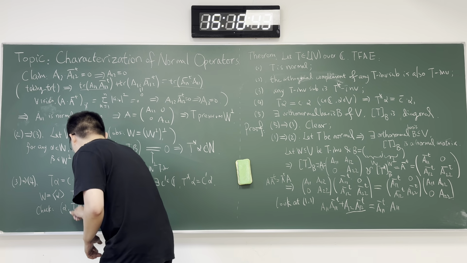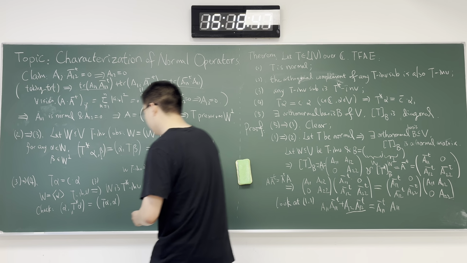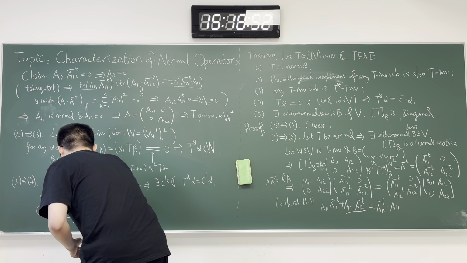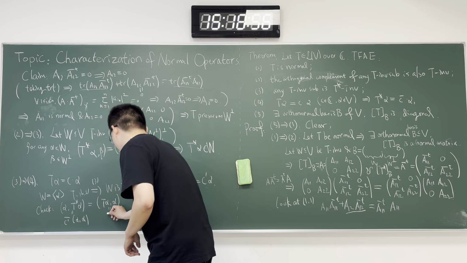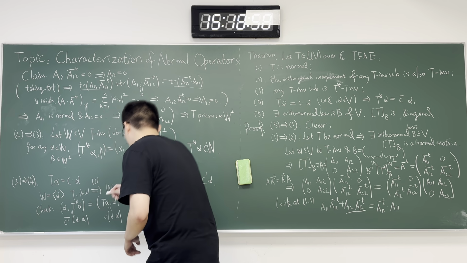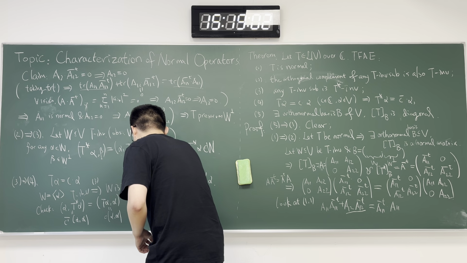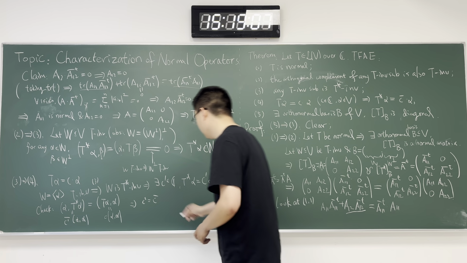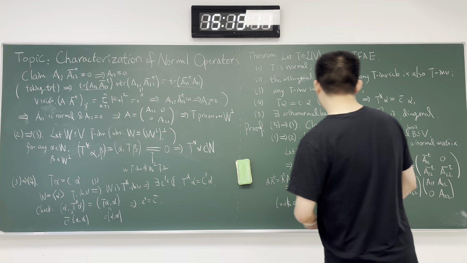And the left hand side equals C prime conjugate times the inner product of alpha with alpha, and the right hand side equals, since T alpha equals C alpha, C times the inner product of alpha with alpha. Since alpha is not zero, it just implies C prime equals the complex conjugate of C. That finishes the proof of 3 implies 4.